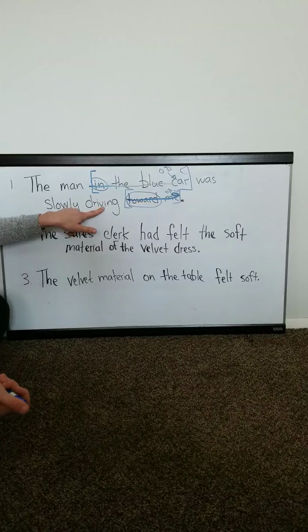The sales clerk had been, or is, I could just throw is in there, the sales clerk is the soft material, or had been the soft material. Does that make sense to throw a to be verb in there? The sales clerk is not the soft material, right? So this is not a linking verb. This is an active verb. Does that make sense? I hope so.